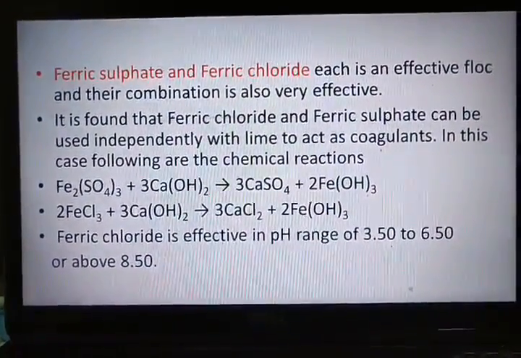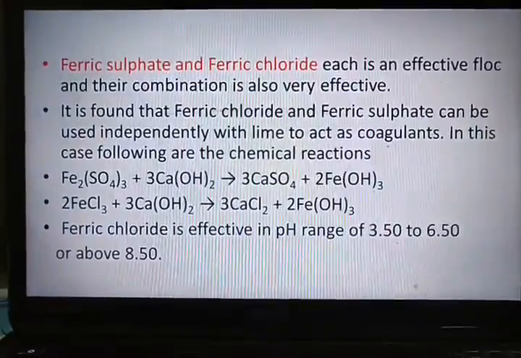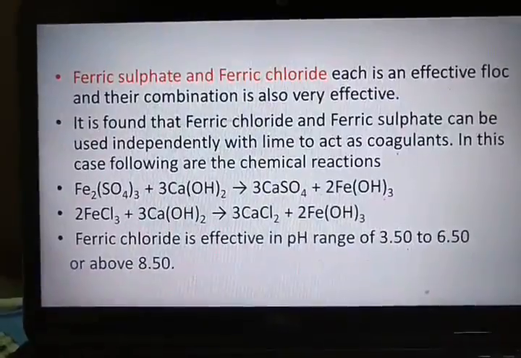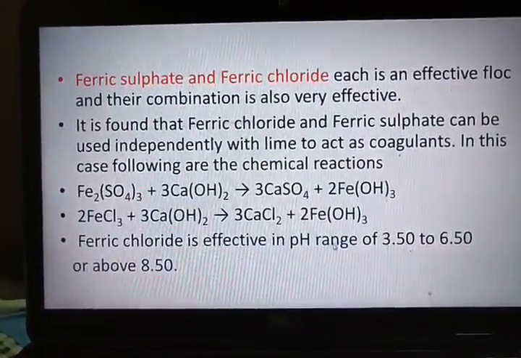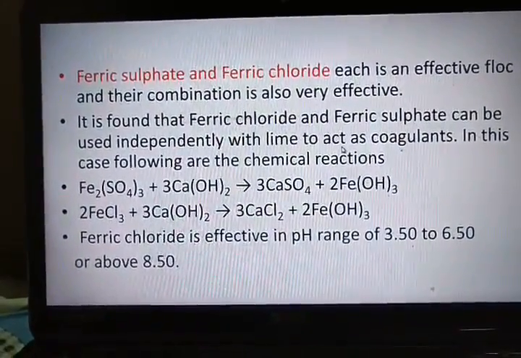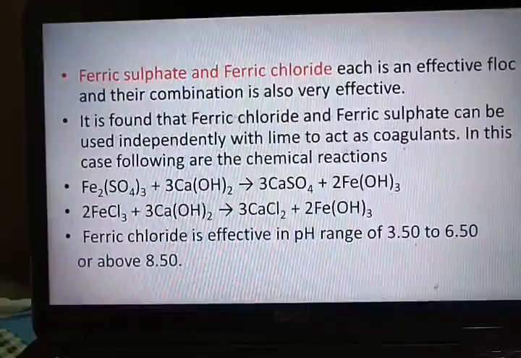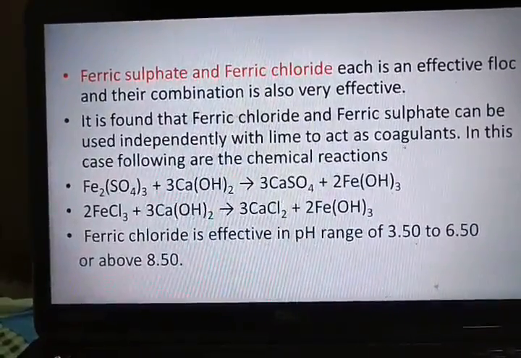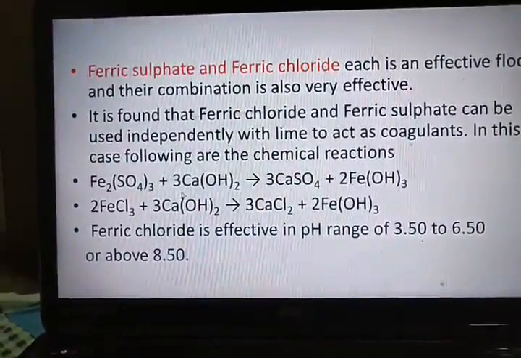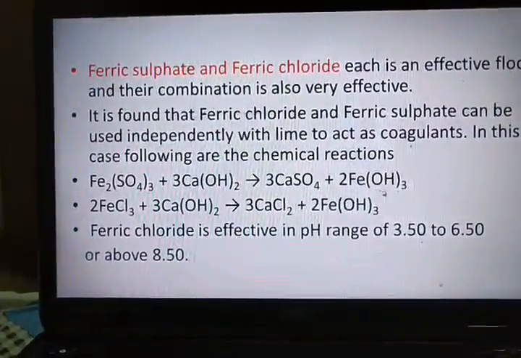Ferric sulfate and ferric chloride are each an effective flock and their combination is also very effective. Often this is used as a combination rather than individually, because the combination works more effectively than either individually. If used independently, the reaction is ferric sulfate plus calcium hydroxide resulting in calcium sulfate and ferric hydroxide.